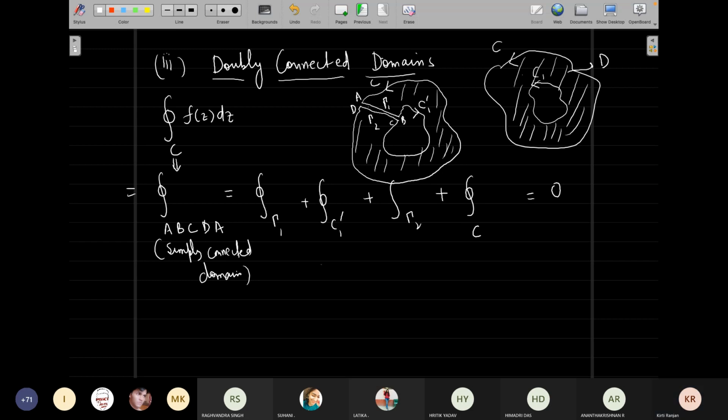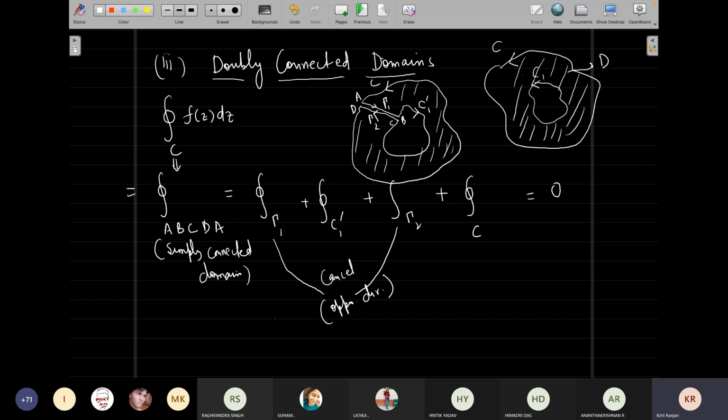And what further? Now look at how this gamma is traversed. Gamma 1 was traversed as AB, and how was gamma 2 traversed? It is going in the opposite direction, CD. So what will these two contribute? 0. They will cancel each other because they are traversed in opposite direction.